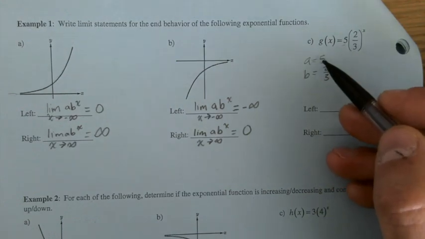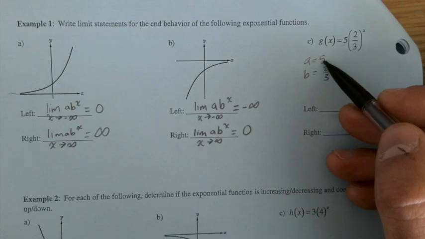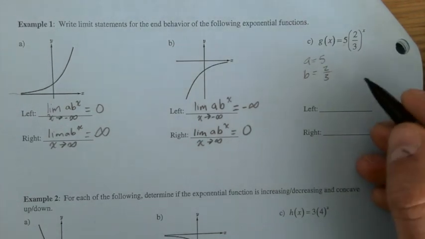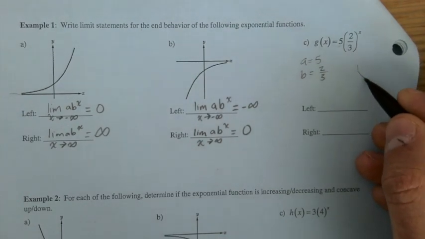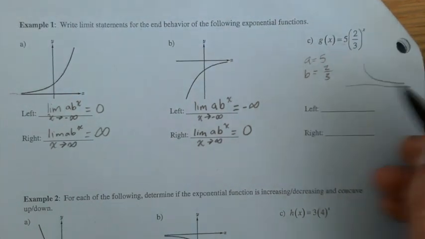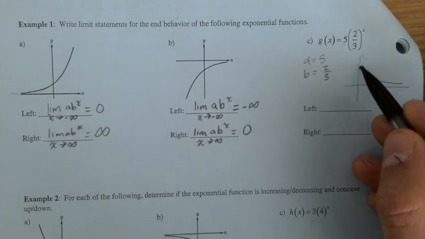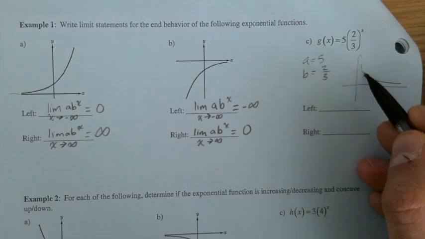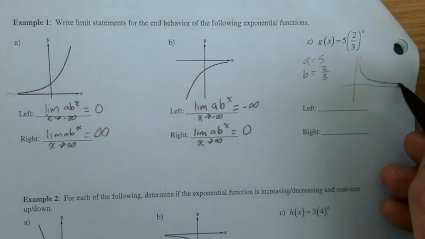Now because A being 5 is a positive value, I know that this decay will be above the axis. That's going to help me visualize this. So we're decreasing, we're above the axis.